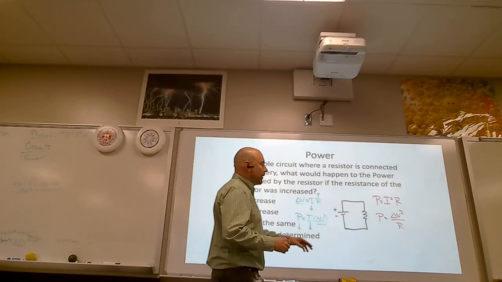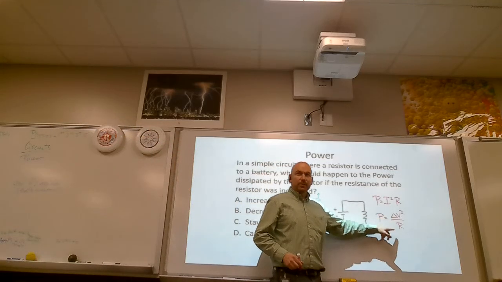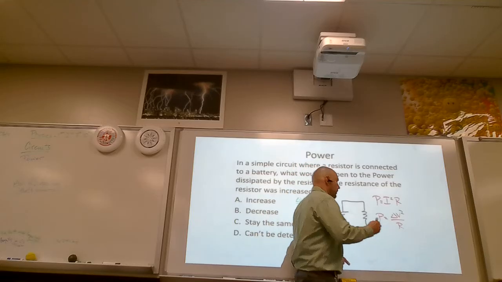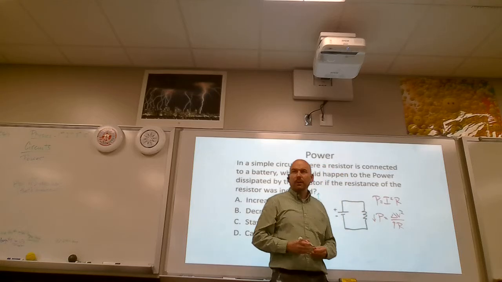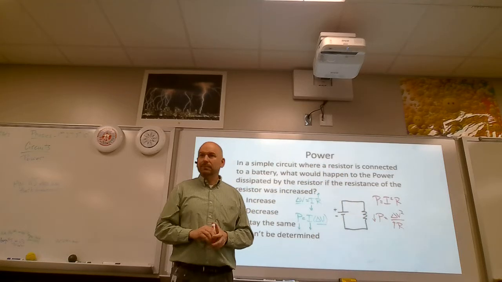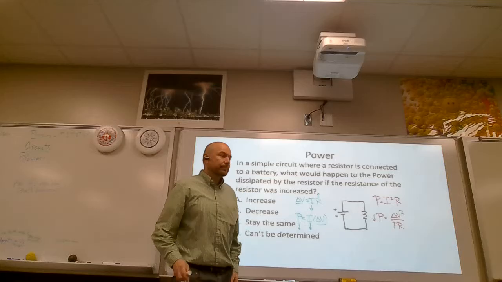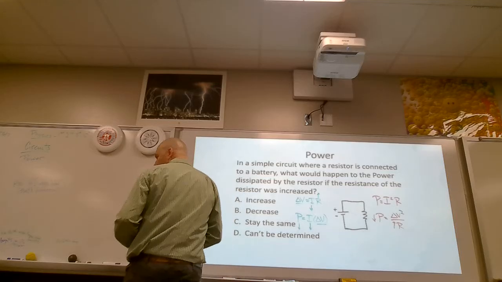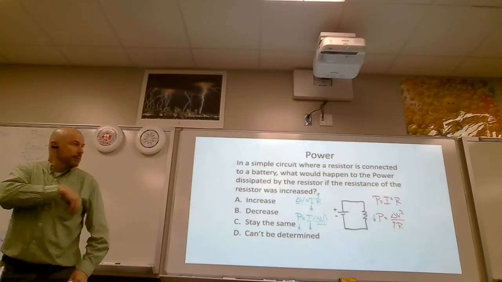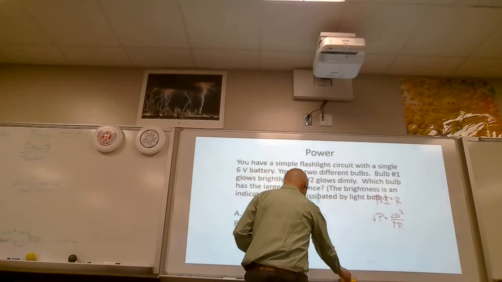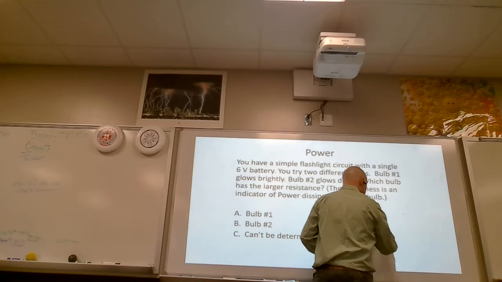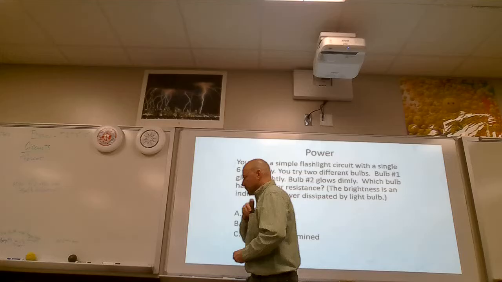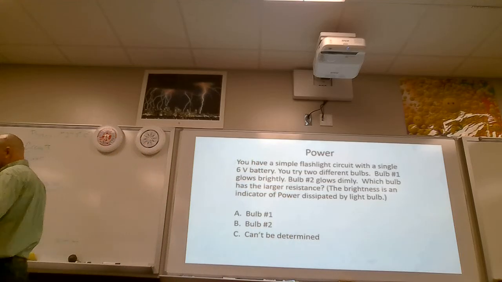Bottom one, because the battery determines the voltage. So as the resistance goes up, the power is going to go down. Good with that? I don't see enough of that.